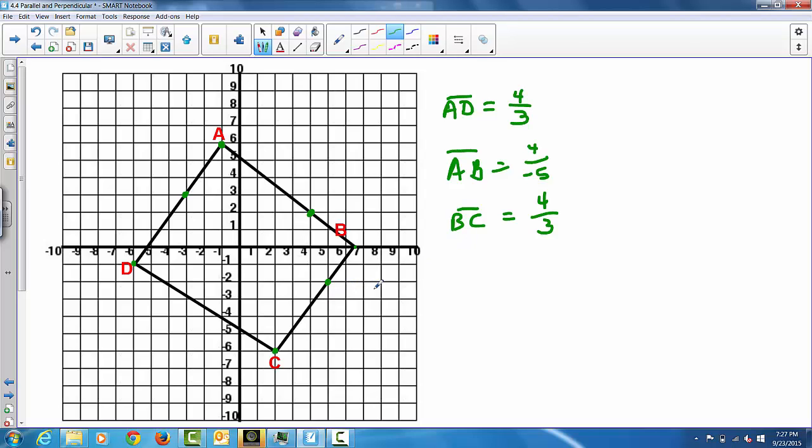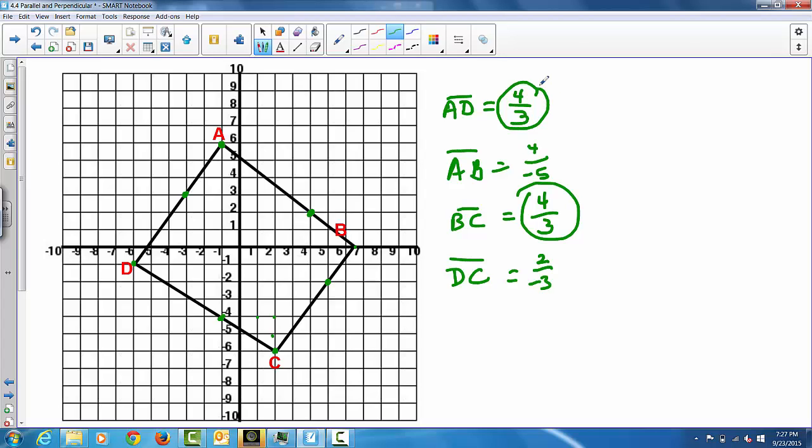And then finally we've got DC. And DC starts here, and let's see where it goes. There we go, it crosses right here. So we go up 1, 2, and left 1, 2, 3. Up 2, left 3.